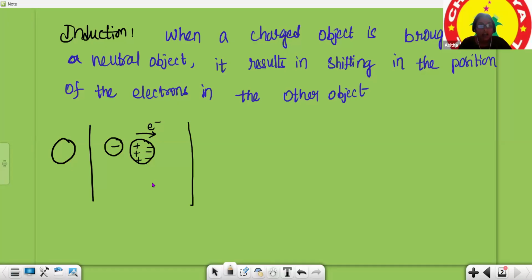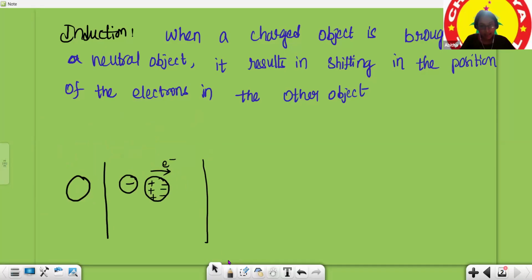Here you can write one more definition for induction for better understanding. It is nothing but charging an object, generating charges on an object. How? You are not touching it directly, but with a charged object you are making a neutral object generate charges.